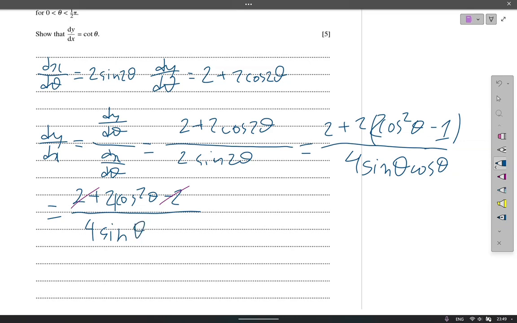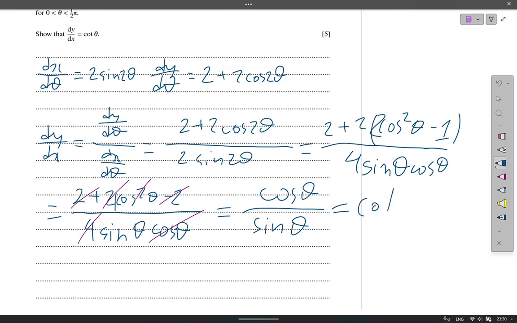Sine theta cosine theta. And 4 cancels, and 1 cosine and this cosine cancel each other, which gives us cosine theta over sine theta, which is actually the inverse of tan theta, but in this case it's just cotangent theta.